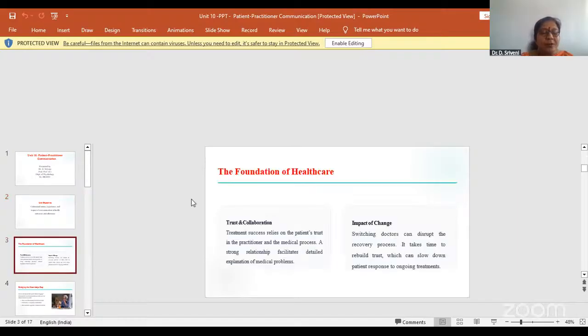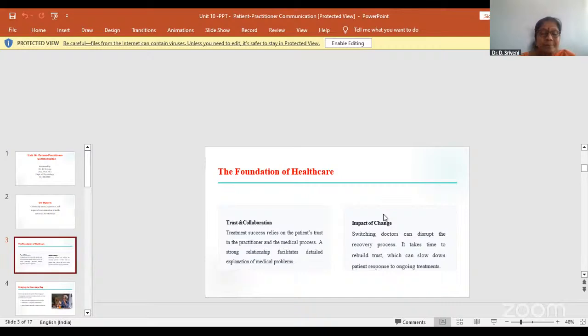So the cornerstone of effective healthcare is the relationship between the patient and the practitioner, a bond built on trust and the clear exchange of information. It is vital to recognize that even the most technically correct medical advice can fail if the communication is faulty.